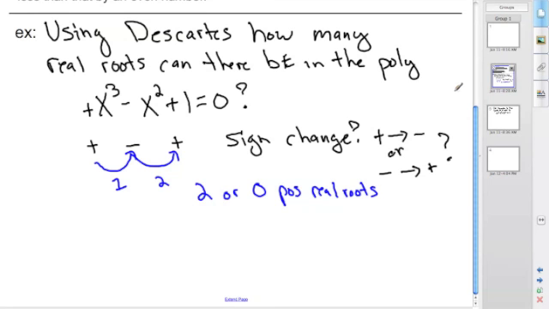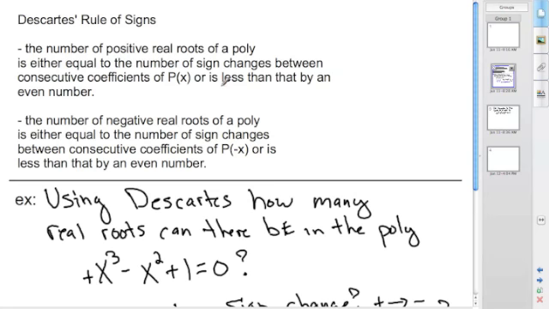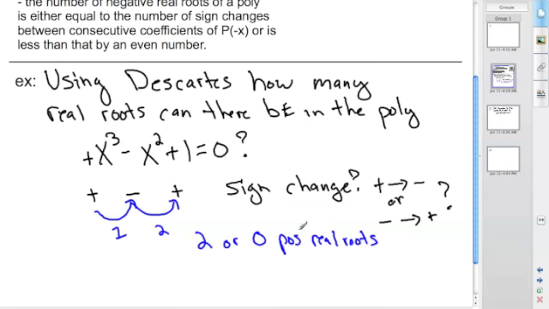Again, the reason it's 2 or 0 is, by the definition of Descartes' rule of signs, less than that by an even number. So since I had 2 sign changes, I can have 2 or an even number less than 2, which would be 0. So again, that's only for the positive real roots.